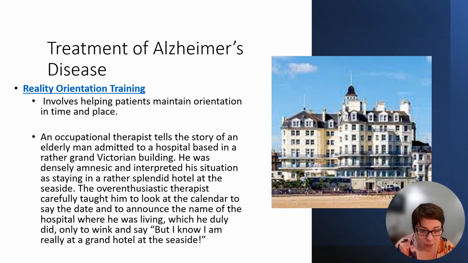This worked with the patient to some extent. He knew the date, and he announced the name of the hospital, but he sort of winked and said, but I know I'm really at a grand hotel at the seaside. So even with those external cues, there can still be disruption.